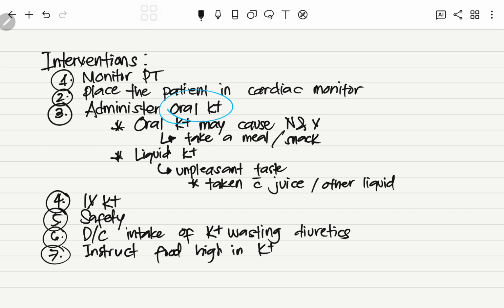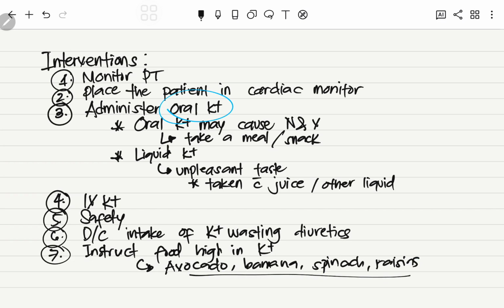The most common foods rich in potassium, which we all know, are avocado, which is a favorite in the boards, banana, spinach, and raisins, and many more. These are the foods that most commonly come up when it comes to potassium-rich foods, or good sources of potassium.